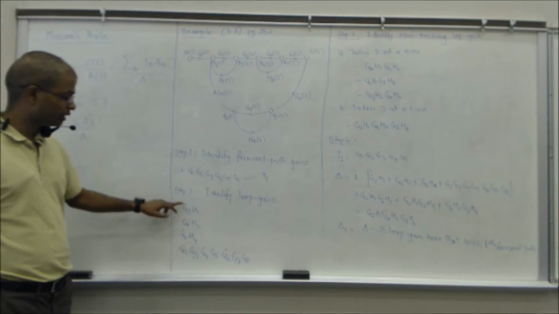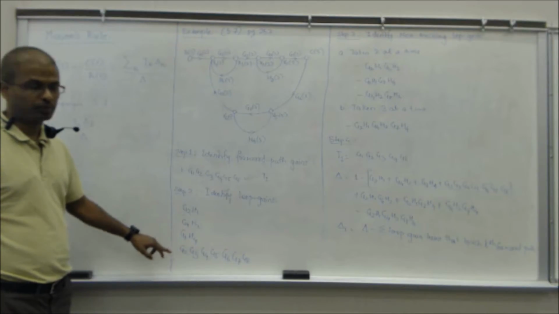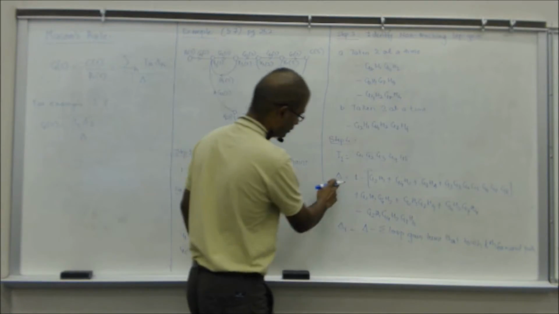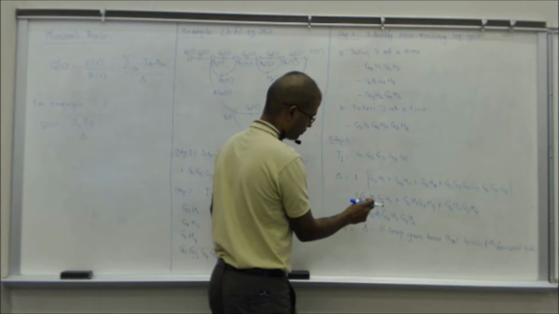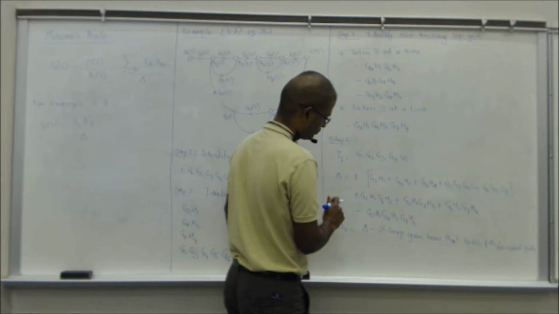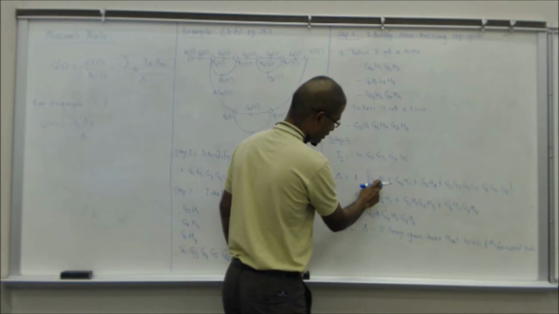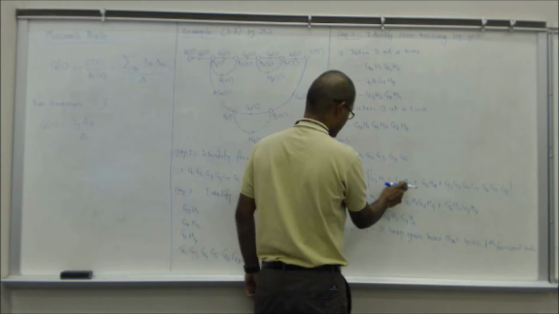So you eliminate all the gains which are touching the forward path. So if you take a look at this, delta 1 is delta minus. If you look at this, this gets eliminated, right? This gets eliminated.